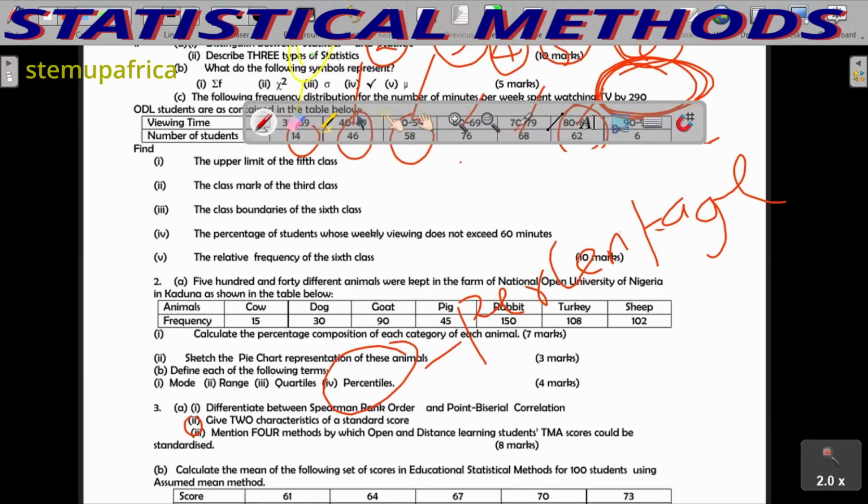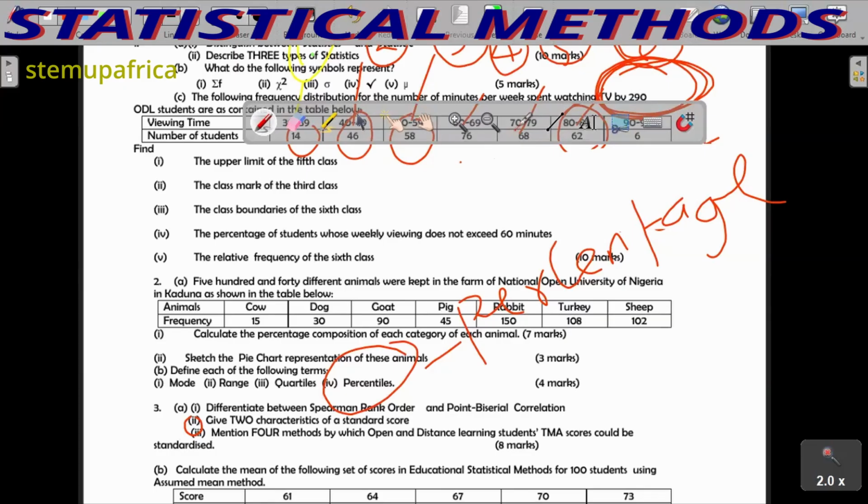But this time it is to measure the relationship between a continuous variable and a discontinuous variable. That is what the point biserial correlation is used for. Okay? Is it clear? Yes, it's clear now.